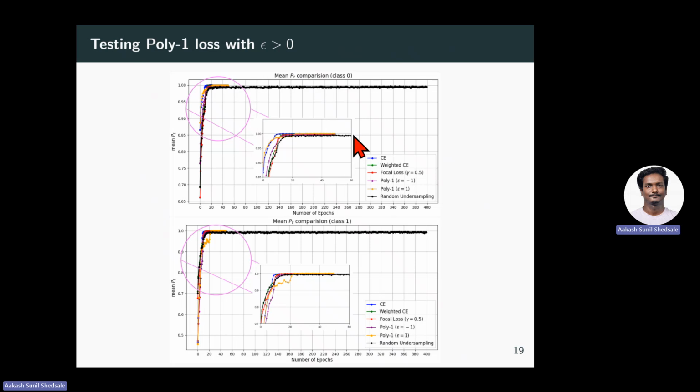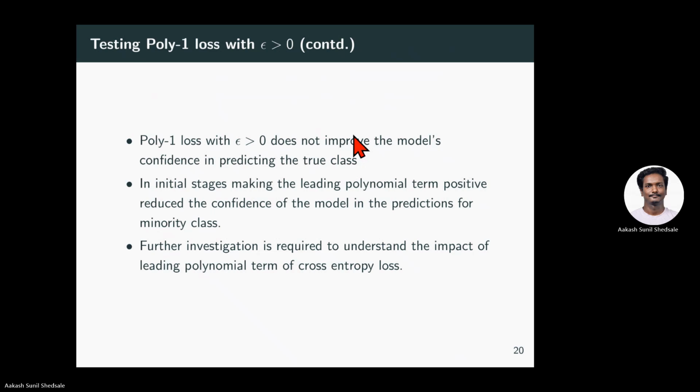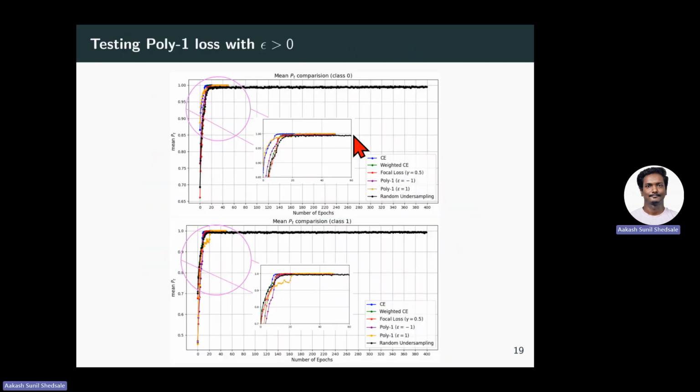In fact, for class 1, the min confidence decreased a little bit in the initial epochs, but as such, we don't see any improvement in min confidence by using polynomial loss. Further investigation is required on the impact of using positive epsilon in Poly-1 loss.